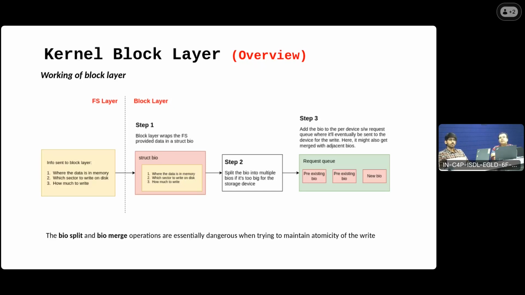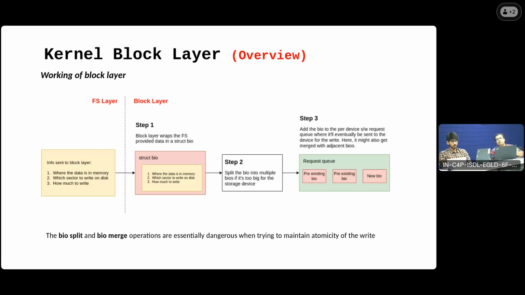And then the block layer can do various things, as we know. For example, it can split these BIOs into multiple different BIOs if the device has a constraint on what max write can go through. And then it can also rearrange the BIOs. For example, you have an IO scheduler within the block layer which can rearrange BIOs.